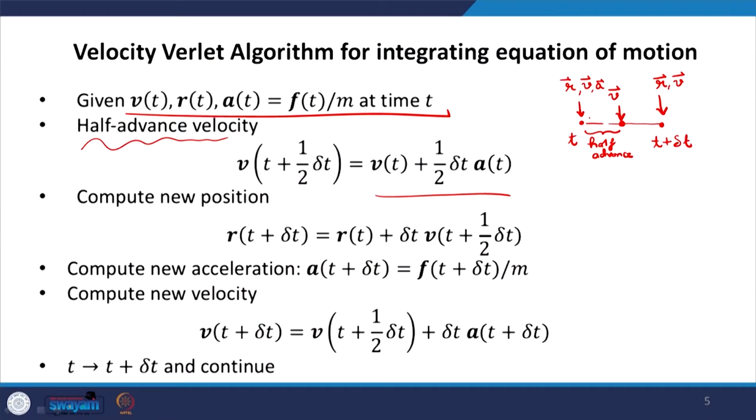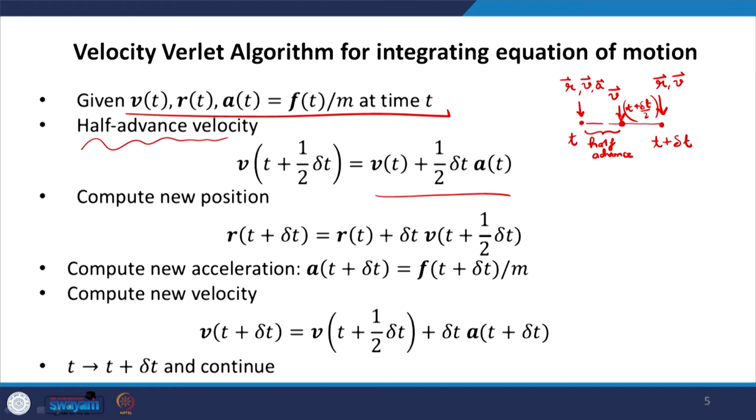So, for this interval between t and t plus delta t by 2, I am assuming the acceleration to be constant and equal to the acceleration at time t, and then I use the simple equation of rectilinear motion, and we get the expression of the velocity at time t plus half delta t.